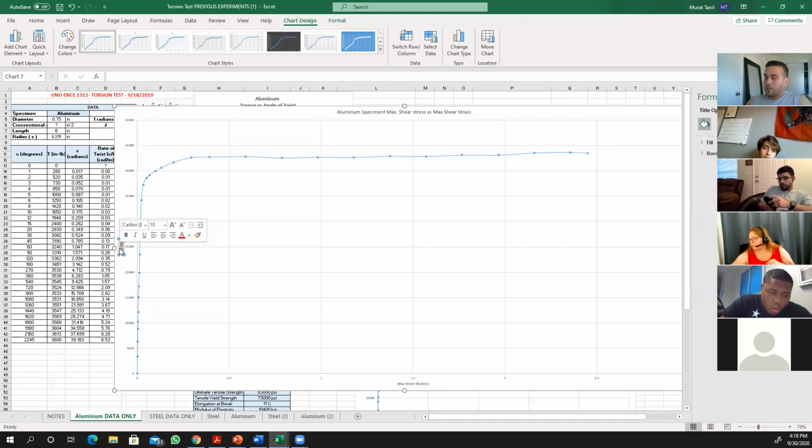And then I will have my y-axis, my vertical axis. It represents the maximum shear stress.